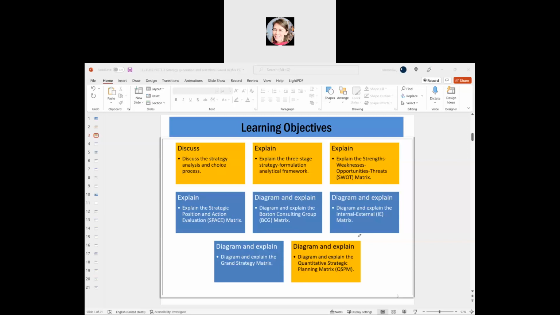Yellow: strategy analysis and choice process, the three-stage strategy formulation framework, the SWOT matrix, and the QSPM. I will specifically explain these today, the reason being that these are relevant to group assignment two, which I will discuss a bit after this.